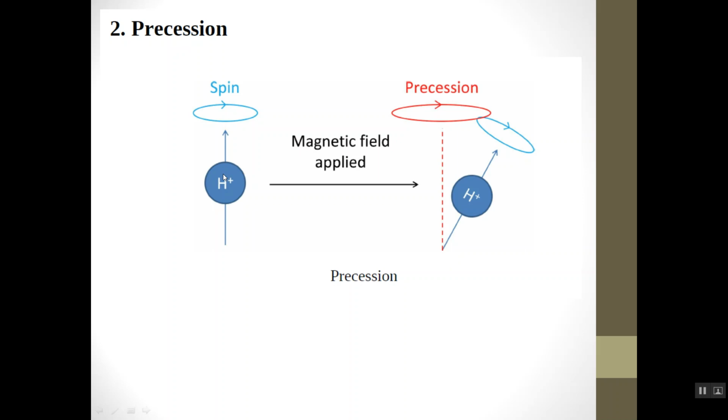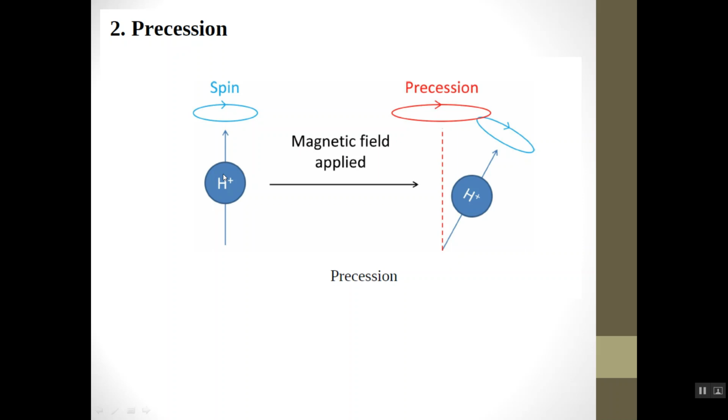Someone might ask: so now I have a lot of tiny magnets inside my body? But the net magnetization of all these protons is 0. Why? Because a certain proton is directed towards one direction, and you will find another proton towards another direction. You will find two magnetic forces in opposite directions neglecting each other, so the net magnetization will be 0.